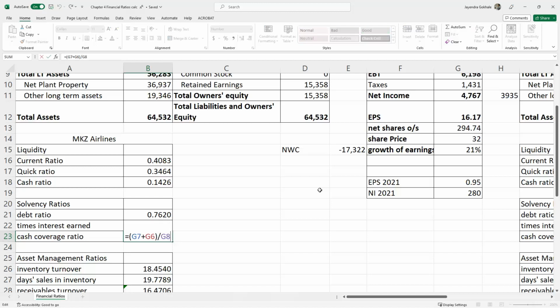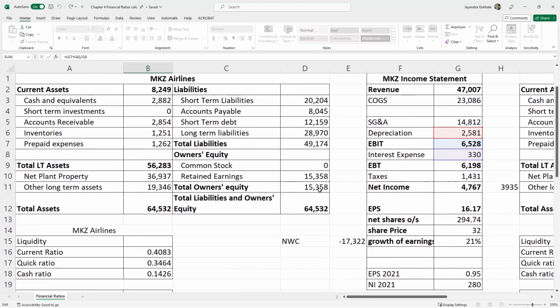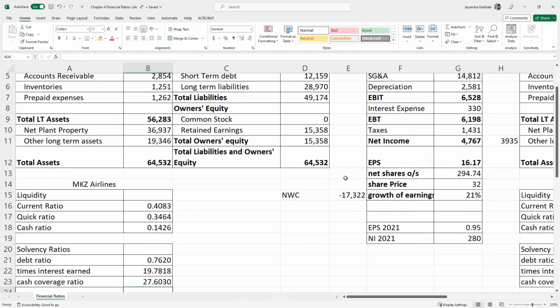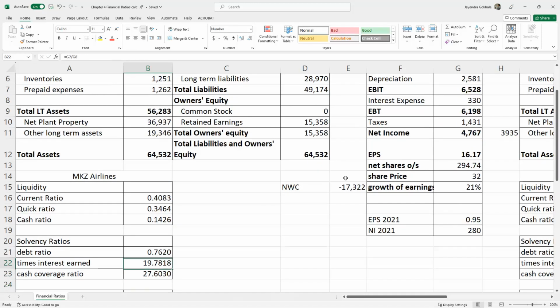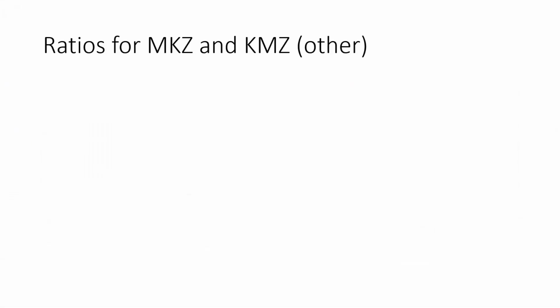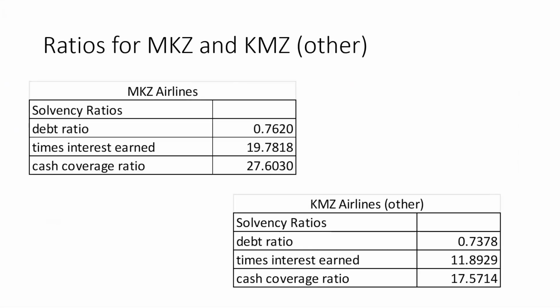Then there is the cash coverage ratio, G7 plus G6. So you have EBIT plus depreciation, which is a cash flow, divided by the interest expense. Again, this is even larger as compared to the times interest earned. So all in all, we can see that the larger airline, MKZ, is in a good position to repay its debt obligations. We compare it with KMZ.